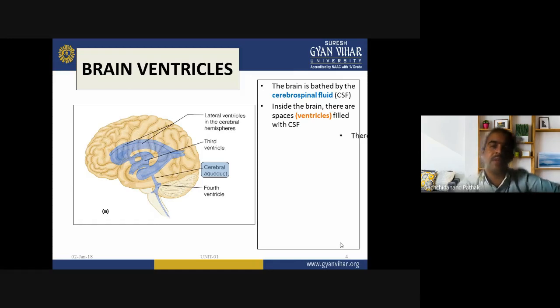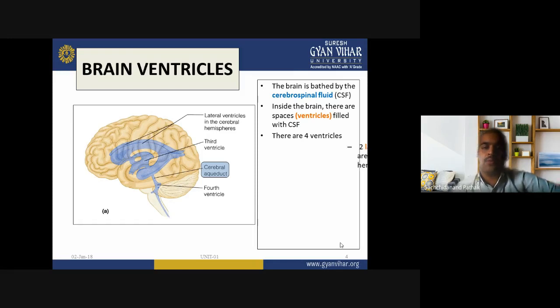These spaces are called the ventricles. Okay, so in the brain there is a route in which the cerebrospinal fluid flows, and that space inside the brain filled with CSF is called the ventricle.